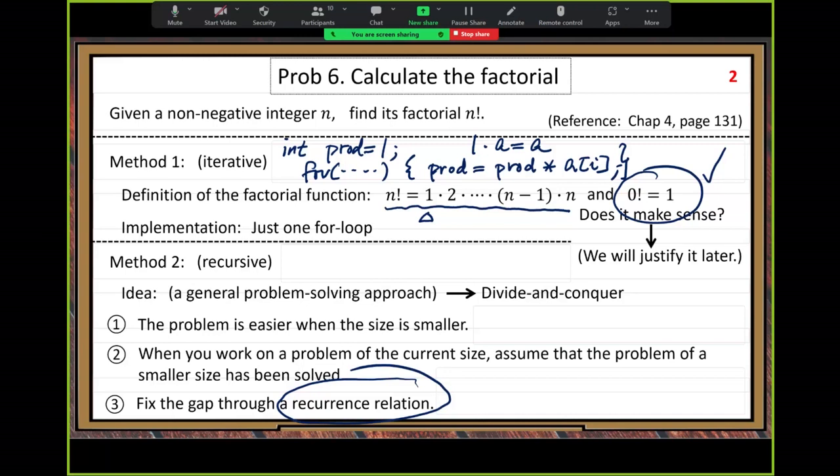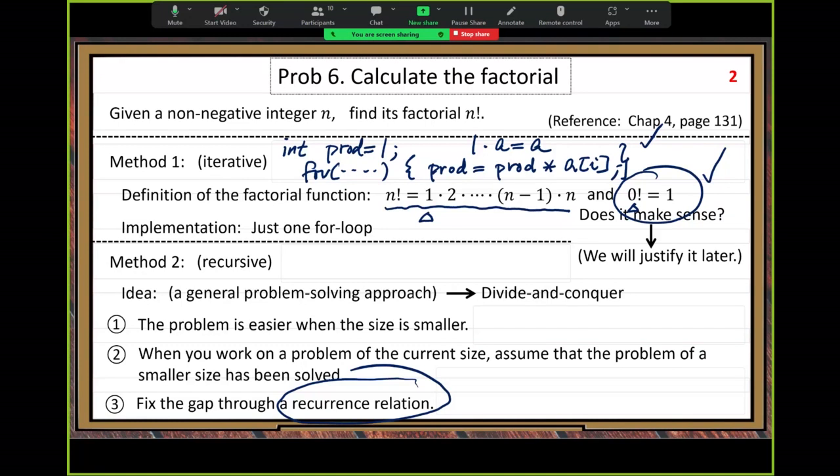When we do this calculation, now if you look at the 0, 0 means we do not do any multiplication, right? 0 factorial means in this sequence of multiplication, we do not do any.